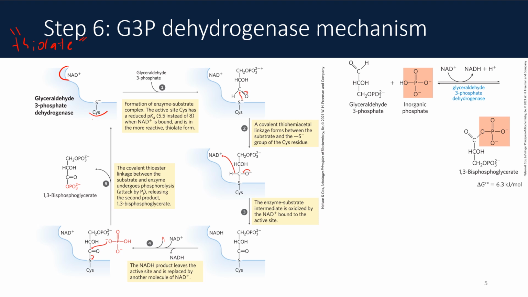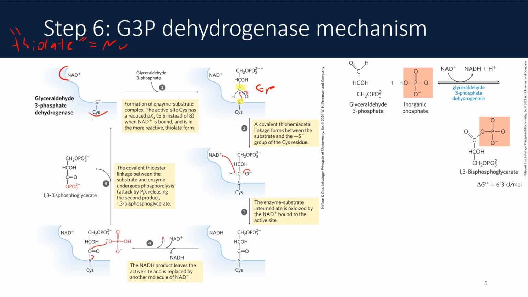Deprotonated thiolates are very good nucleophiles. The carbonyl carbon on G3P is going to be a good electrophile. So the first reaction will be nucleophilic attack by the thiolate of deprotonated cysteine onto that electrophilic carbonyl carbon.